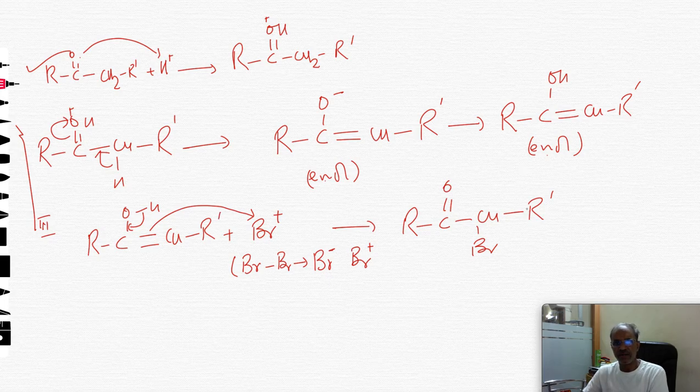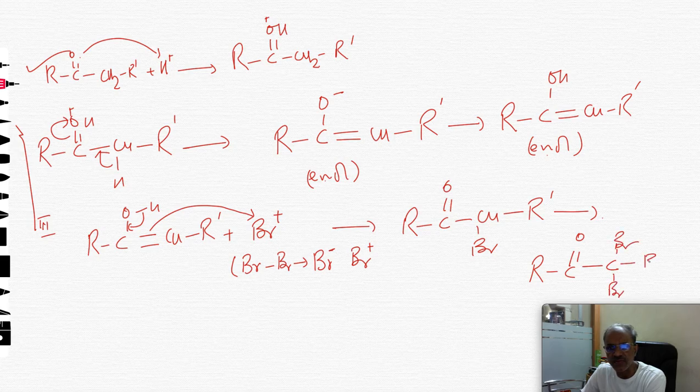Now, since another alpha hydrogen atom is there, another bromine will come in the same fashion. The mechanism goes similarly as we have done in step 1 and step 2. So it will be CBr2. As in this mechanism I have shown you how one bromine is attached, similarly in the same mechanism we can see another bromine is also attached.